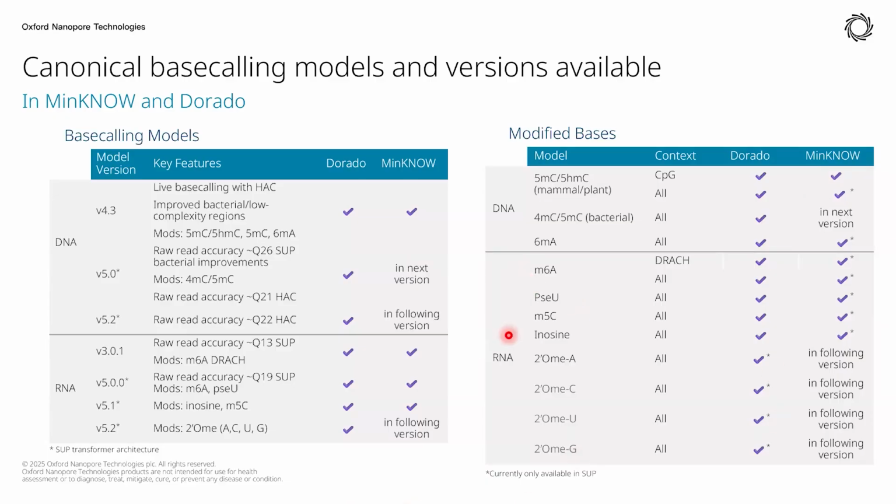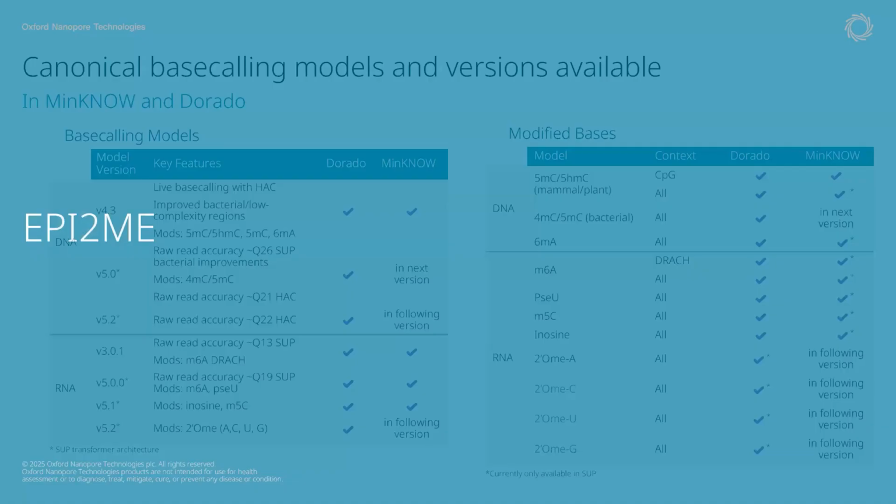When you are interested in RNA sequencing, and if you want to do RNA base modification determination, then you can check this table. Now we have various base modification models included in our algorithm so that we can get real-time information on all the modifications present in RNA.